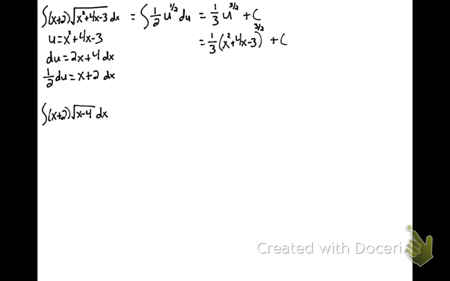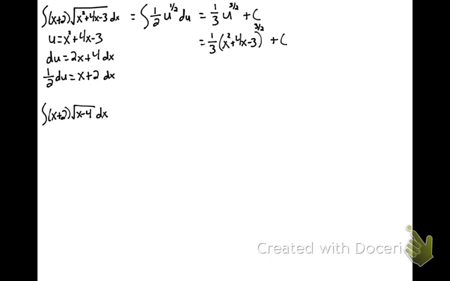And the first thing that you might notice is that x plus 2 and x minus 4 are both first degrees, which means that if I let u equal x plus 2, what I won't get is anything involving an x minus 4. And if I let u equal x minus 4, again, I run into the same problem. So there is a trick, so to speak, to help us deal with this problem.